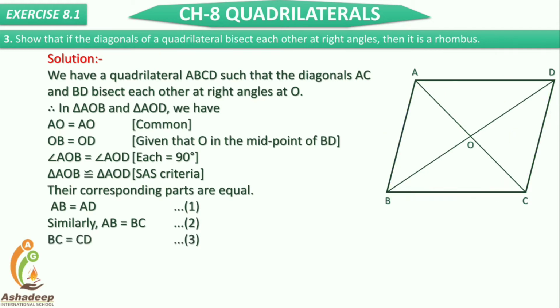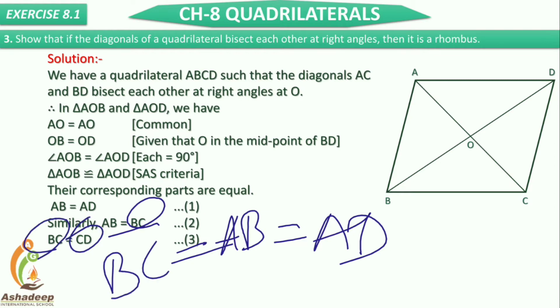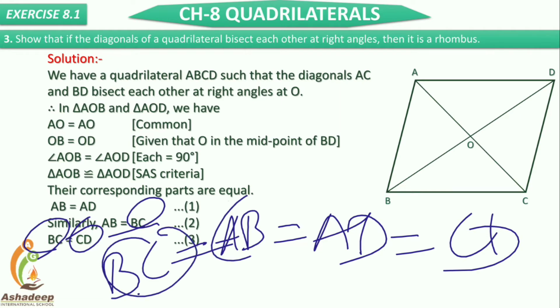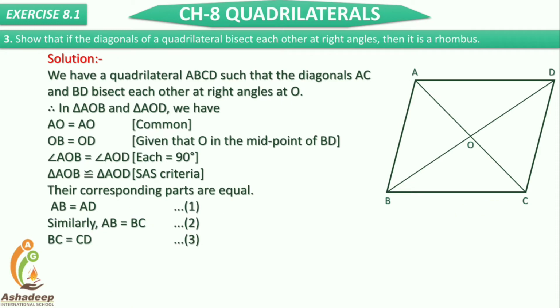So from these equations, AB is equal to AD, and AB is equal to BC, but BC is equal to CD. So AB is equal to BC is equal to CD is equal to AD. So each and every side is equal.